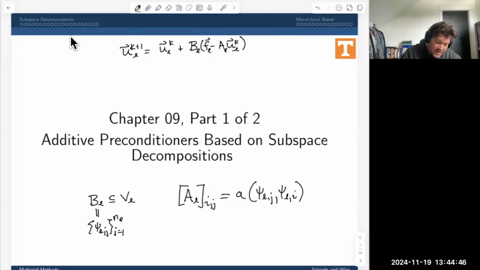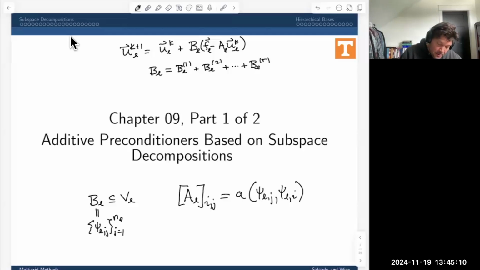So an additive process means that my matrix, my iterator matrix, can be written as a sum of iterator matrices. How many do we want to do? I don't know, R of them.